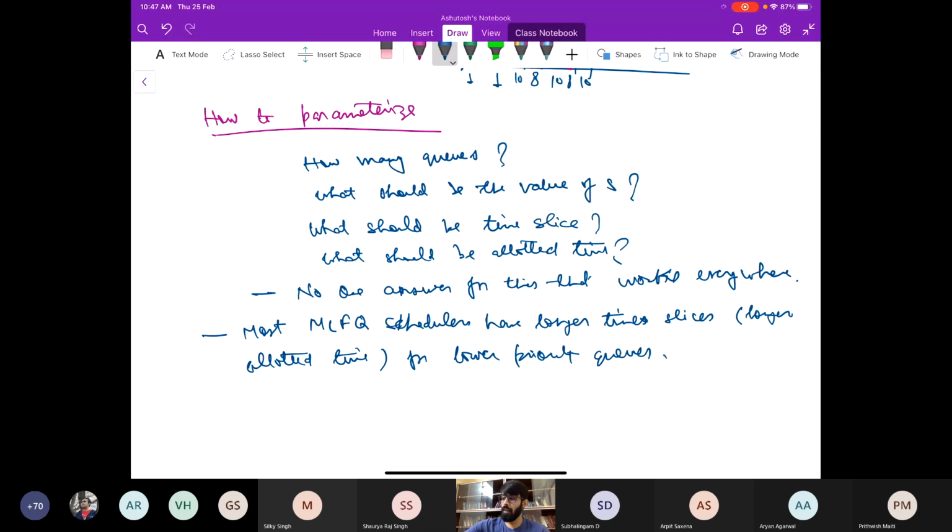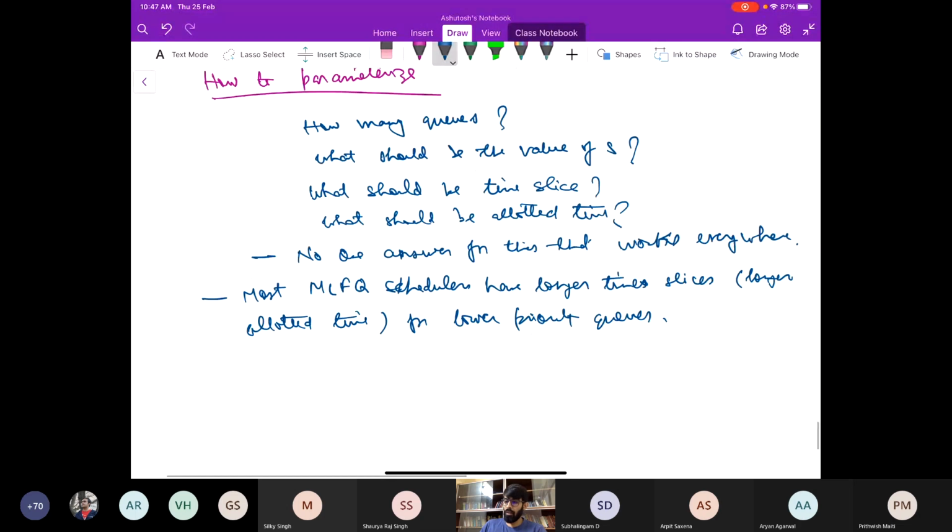The point is that if the scheduler goes down and there are no high priority jobs to run, then it should give more time, because these are CPU intensive jobs, so it should give them more time.